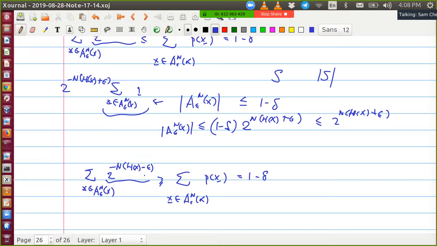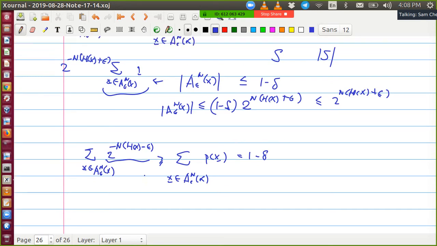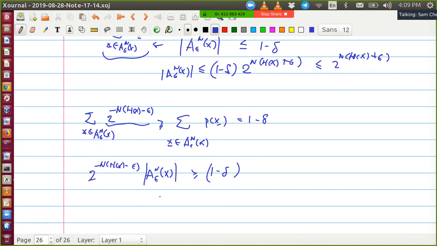This is just again the definition. Then I can pull it out, and I will have 2 to the minus n(H(X) minus epsilon) times the size of A_epsilon^n is bigger than or equal to 1 minus delta, or the size of A_epsilon^n is bigger than 1 minus delta times 2 to the n(H(X) minus epsilon).